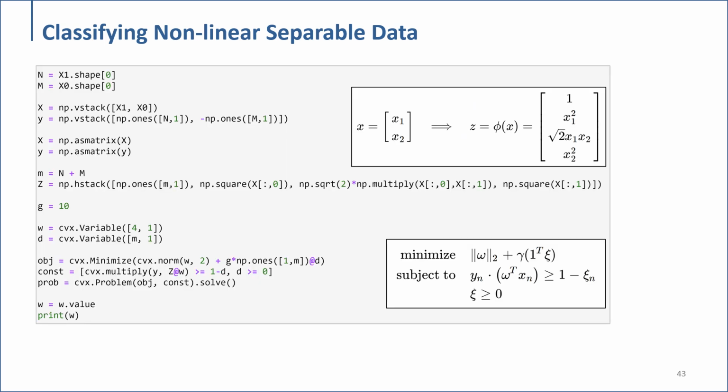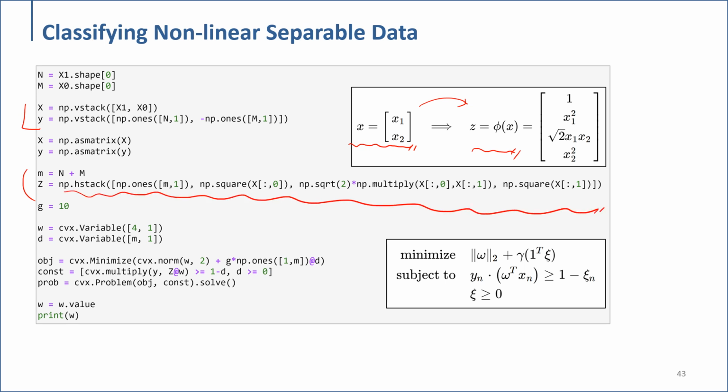And for that, we need to take an additional step of changing this data by mapping to other coordinates. So let's prepare this data, and then let's change this data to this mapped data G. After that, the other process is exactly the same as the linear classification that we have discussed.